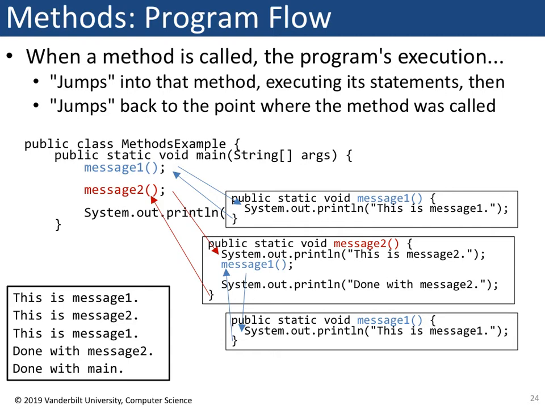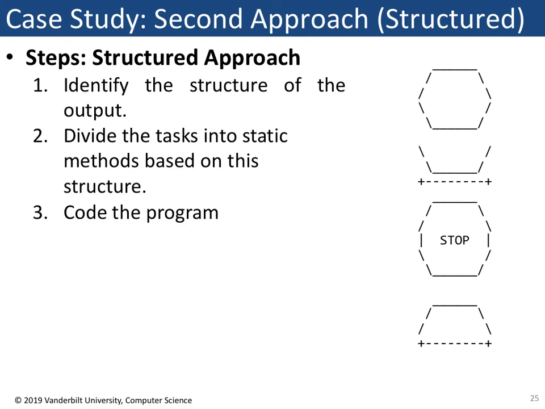And then it will index to the following statement. Hopefully, this is beginning to make sense and you're understanding how programs flow and how calls to methods affect the execution of a program.